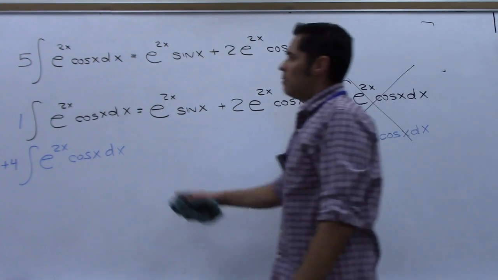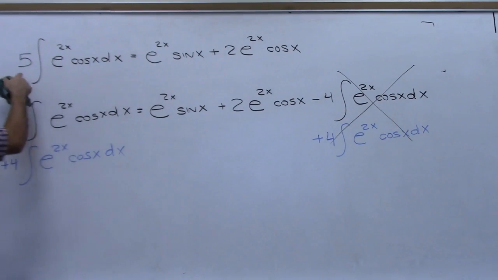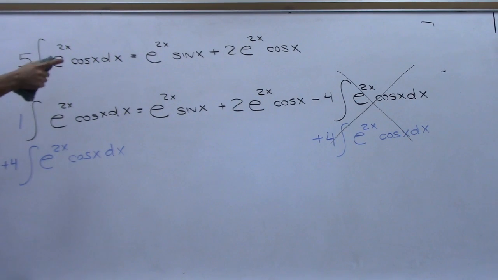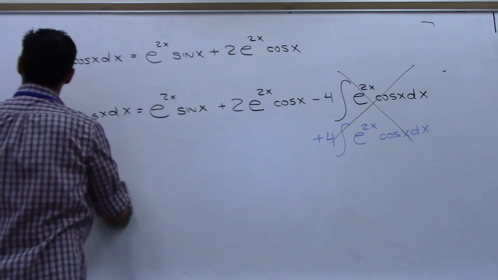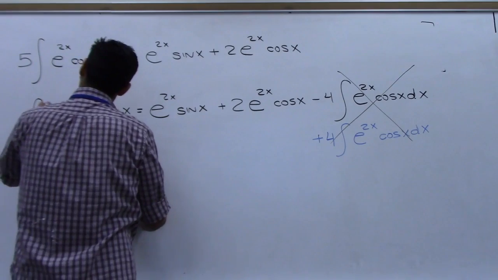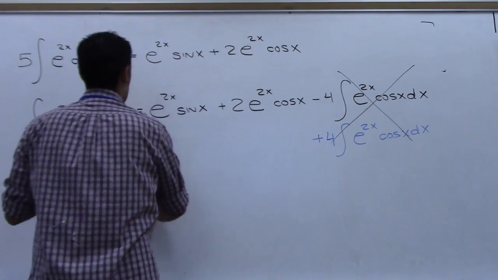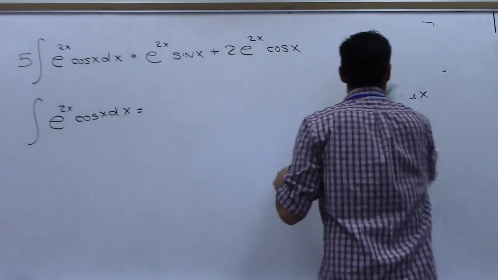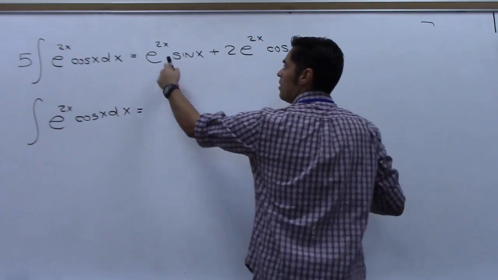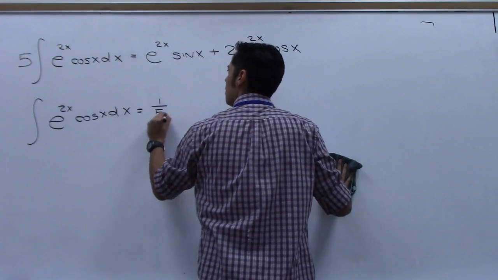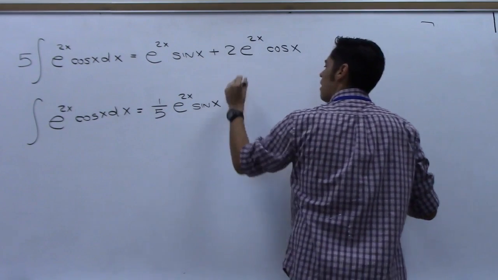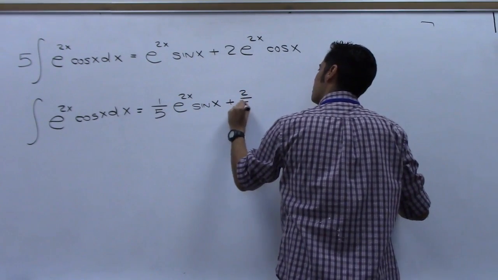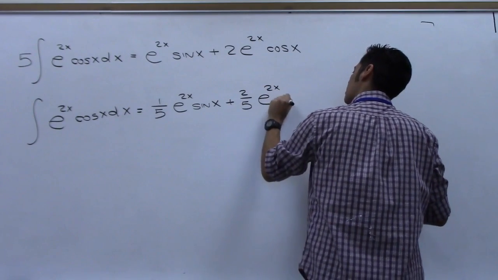And now I would like this to be just the integral, not with a 5. So why don't I just divide everything by 5, both sides of the equation? Is that okay? So I'm just going to have one of these is equal to this divided by 5. So I'm going to write 1/5 e to the 2x sine x. This divided by 5 plus 2/5 e to the 2x cosine x.